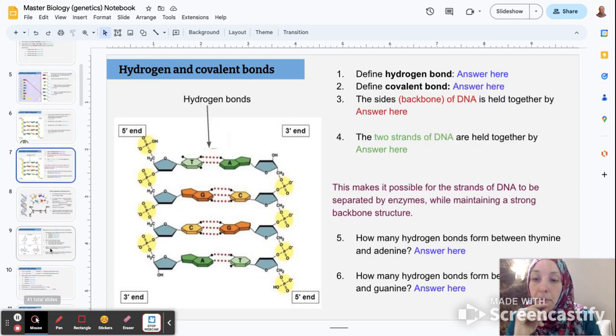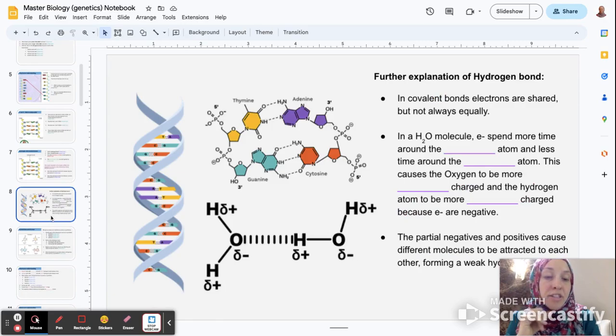So let's talk about hydrogen bonds. We said between adenine and thymine, there's 2 hydrogen bonds, and between guanine and cytosine, there's 3. What causes these hydrogen bonds? Well, let's imagine for a second we have 2 molecules of water. Okay? Oxygen really loves electrons.